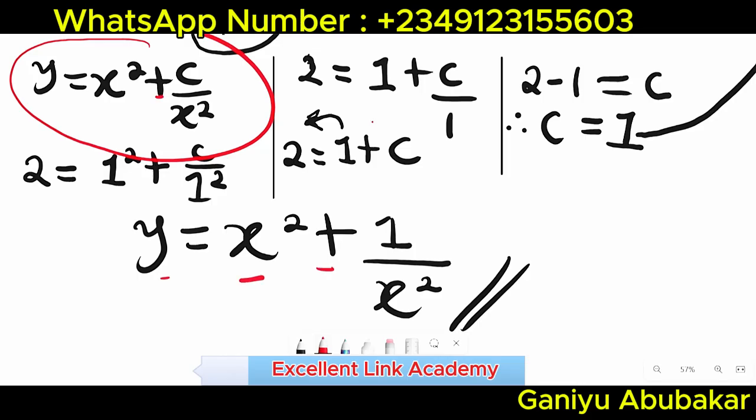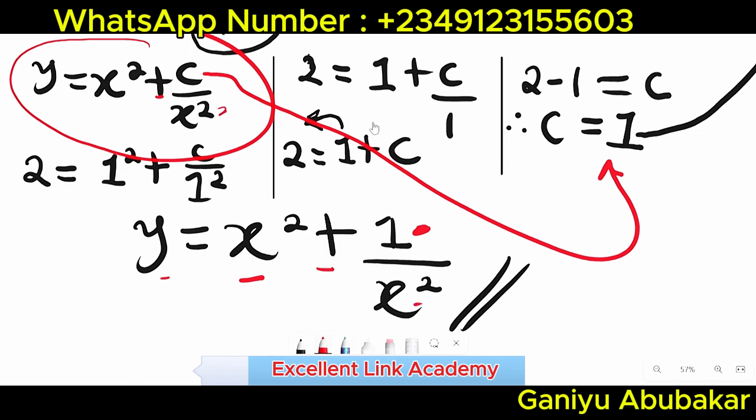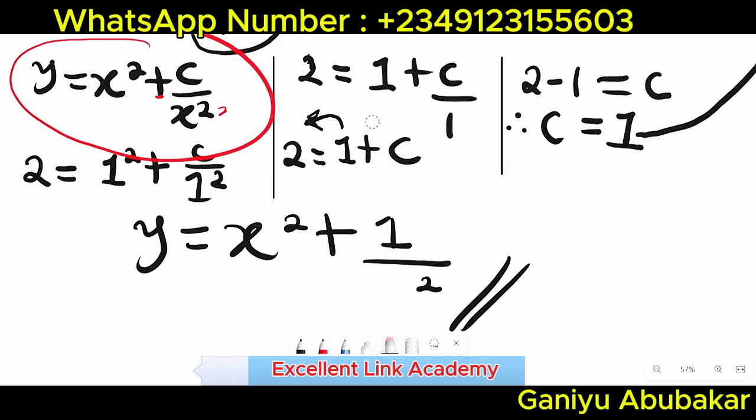This plus is this plus here. Why this c? We just got this c to be 1. So I put the value of c here in this place, and the x squared that is here is this x squared here. So that's how you solve this particular question using the idea of initial value problem.